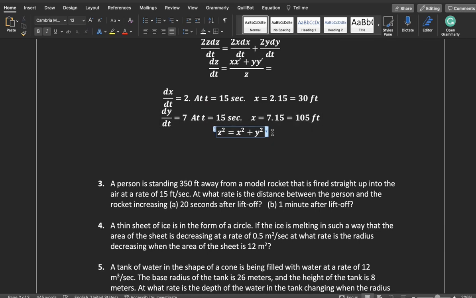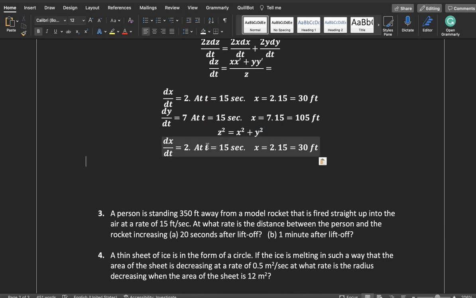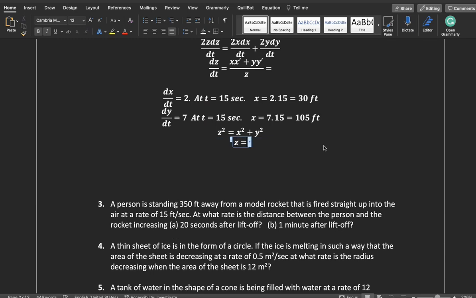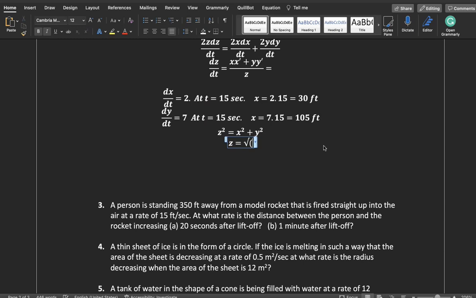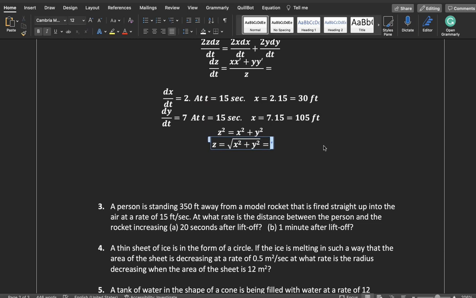And what this means is that z is just equal to the square root of x squared plus y squared. And what is that equal to? We have x, we have y. It's just basically equal to the square root of 30 squared plus 105 squared, which if you do the calculation, you should get 15 multiplied by the square root of 53.